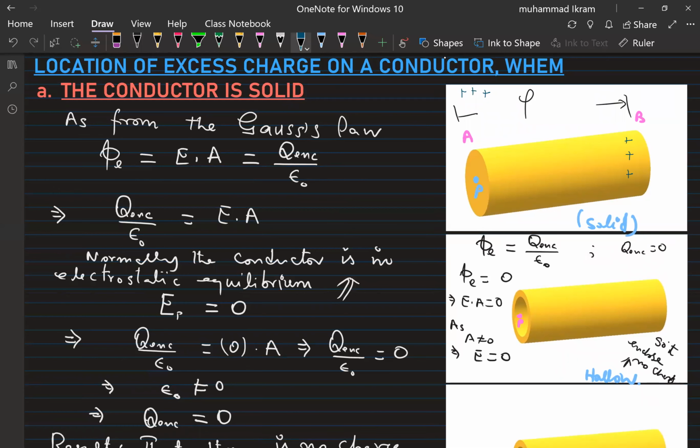It does not reside on the interior, only on the exterior. So the excess charge, if any, will lie on the outer surface, right? So charges always tend to lie on the outer surface of the conductor only.